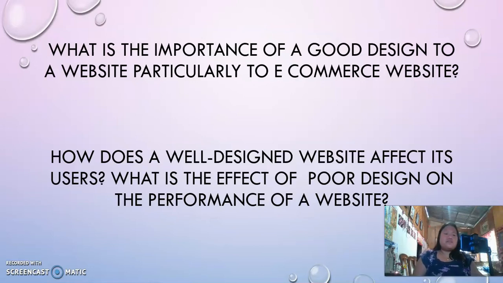Okay. So last time, I already discussed how to create your e-commerce website using the different platforms. But this time, we will really focus on how to design your e-commerce website.